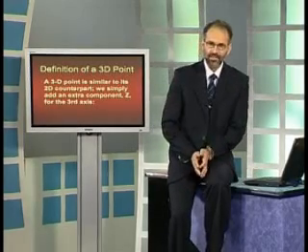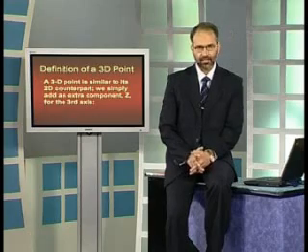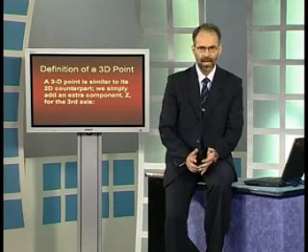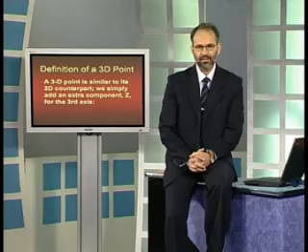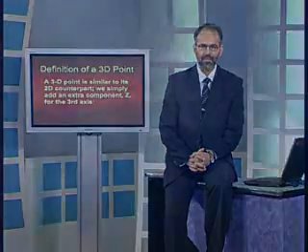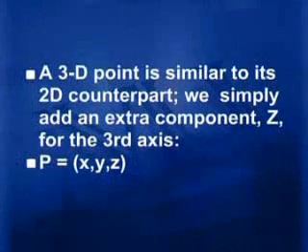Although we have talked about this before, since we are at the subject, let's recap this again. A 3D point, a point in the three-dimensional world, is simply the same as in 2D, but one dimension has been added, so a coordinate for the third axis gets added to define a point in 3D.